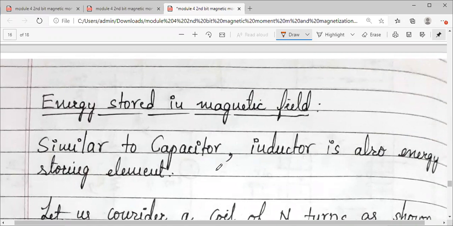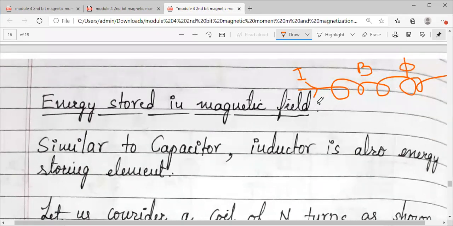If I want to give you the analogy, you have a conductor in the form of a coil, suppose. Okay, a coil. Suppose some current I is flowing through this. Because there is a flow of current, there exists a magnetic field, with magnetic field lines and magnetic flux.